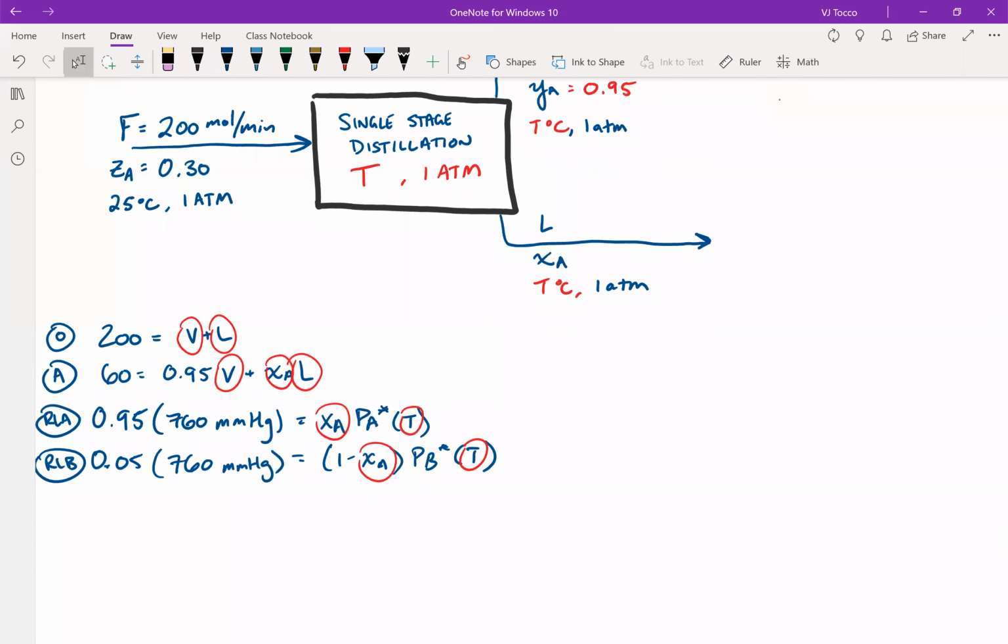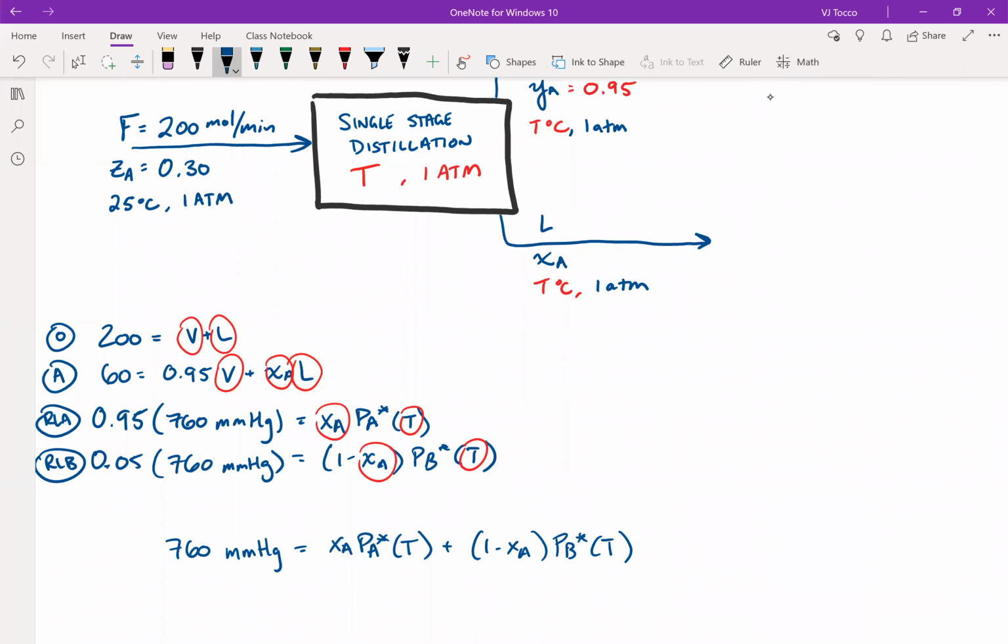So if I combine these, again, my 760 is going to factor out, and I'm going to be left with just 760, since YA plus 1 minus YA is equal to 1. 760 mmHg is equal to XA times PA star of T plus 1 minus XA times PB star of T.